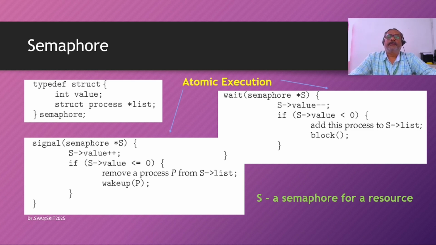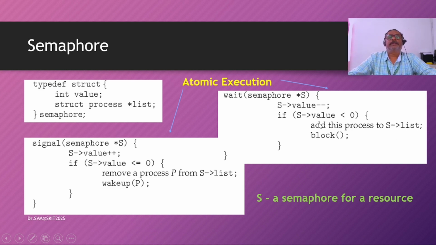So most important here is, when I say wait, it has to be subtracted. To subtract 1, as we discussed in the beginning, at the register level it is 3 instructions, so all 3 have to be executed at a time, and then check the value, then add to the list, then block.